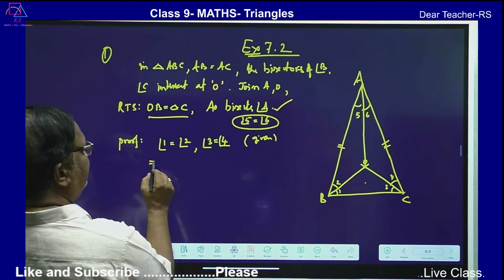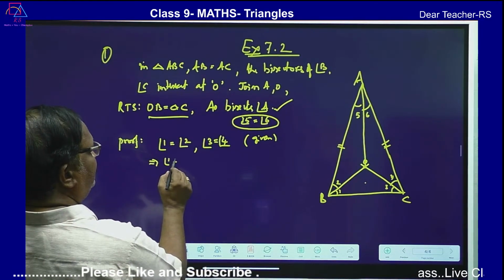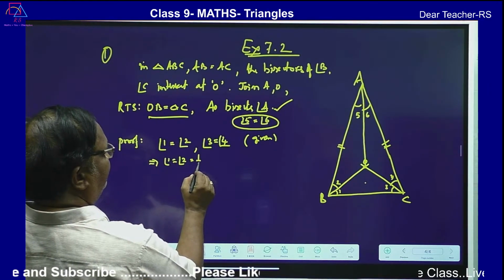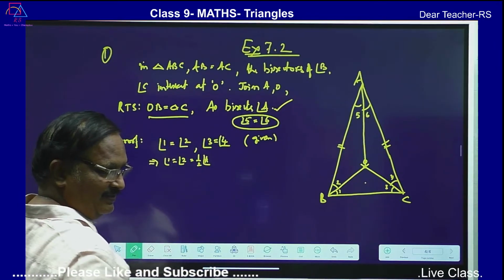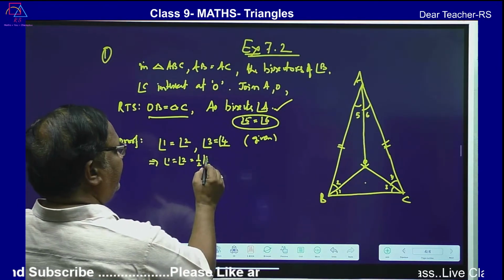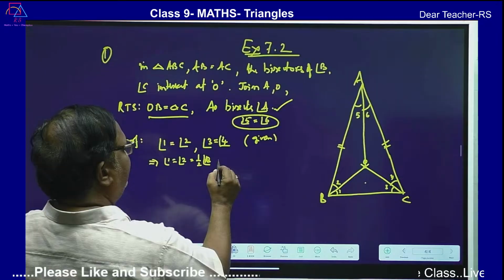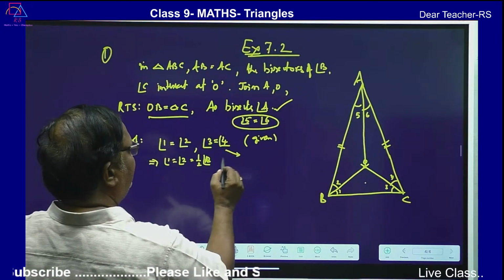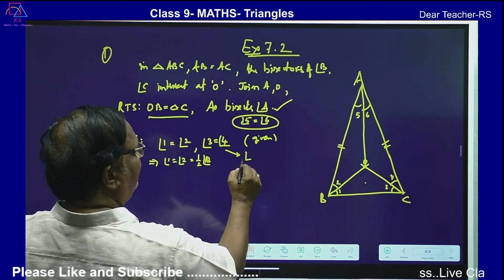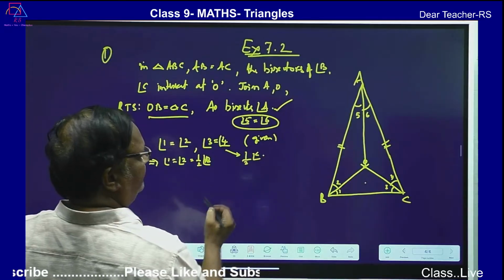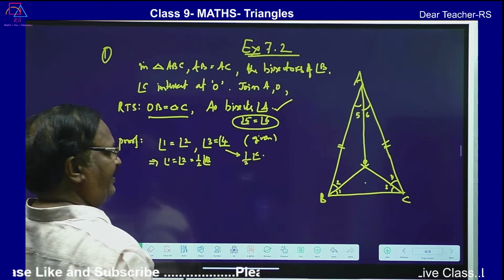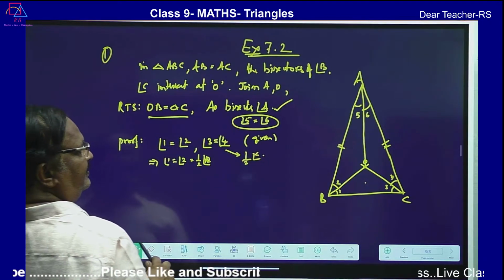So that means angle 1 is equal to angle 2, which is equal to half of B, and angle 3 is equal to angle 4, each equal to half of C. That's okay, you can take, right?